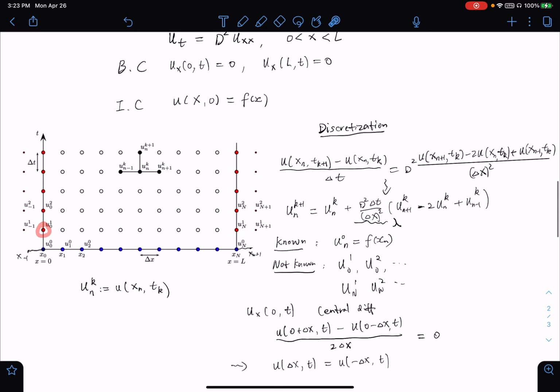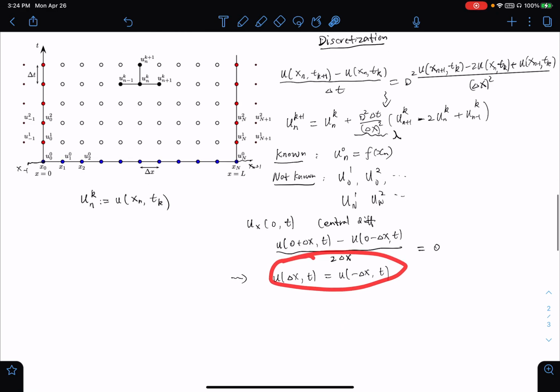Recall that by this iteration formula, we're saying that u_n^{k+1} is determined by these three values. So if these three values are determined, then we can use this iteration formula to generate this value, right? And we know that this value is determined by this value using this boundary condition.